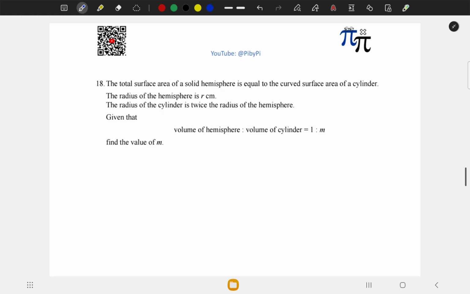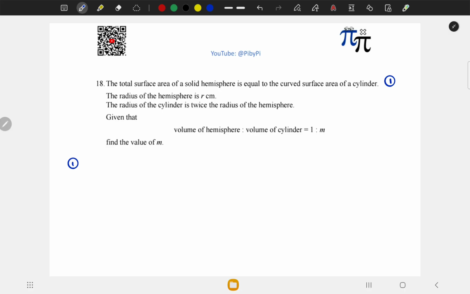The total surface area of a solid hemisphere is equal to the curved surface area of a cylinder. So again, I see it's a word problem coming up. So I'm going to go ahead and try coming up with anything I can get along the way. Okay. So these are formulas that are provided, and the surface area of a solid hemisphere.